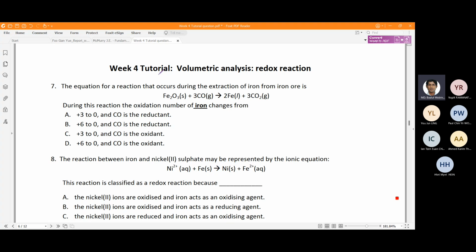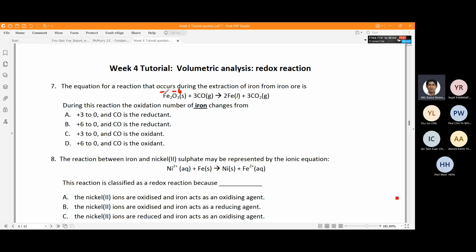Question 7 says that the equation for a reaction that occurs during the extraction of iron from iron ore is ferric oxide and carbon monoxide. Carbon monoxide from coke is used to reduce the iron ore to iron. So iron changes from, it is -6, right? 3 times -2 is -6.